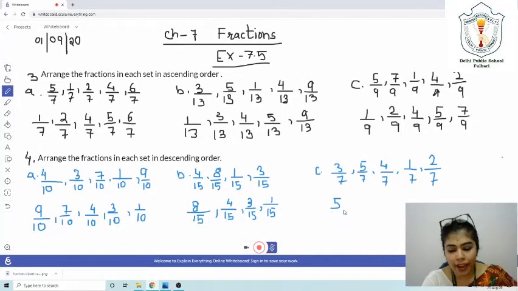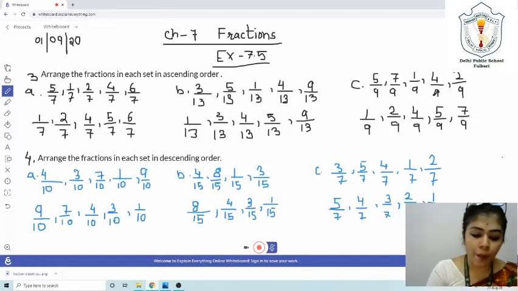So here we write 5 by 7. Then we have 4 by 7. Then it is 3 by 7. Next one is 2 by 7. And the last one is 1 by 7.